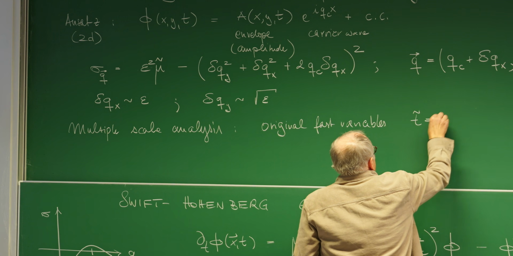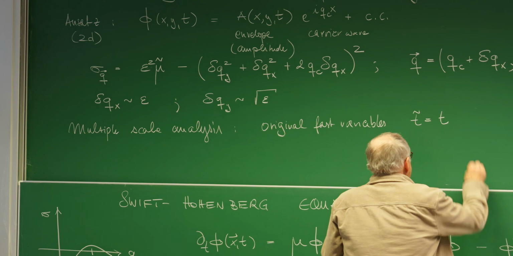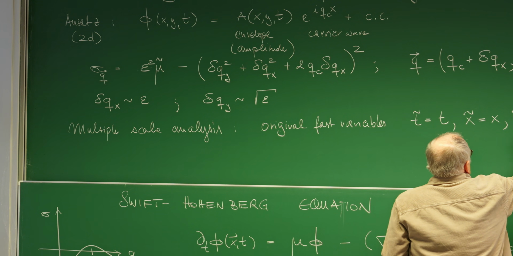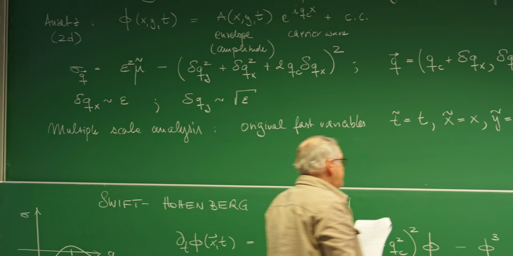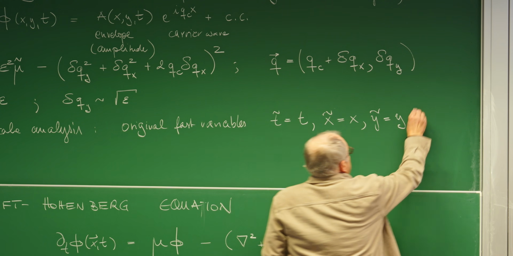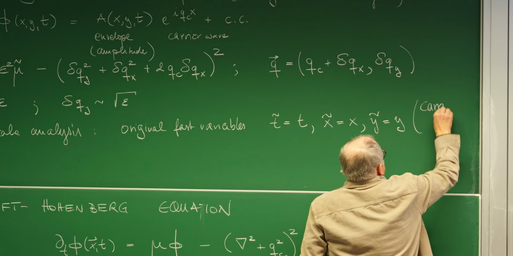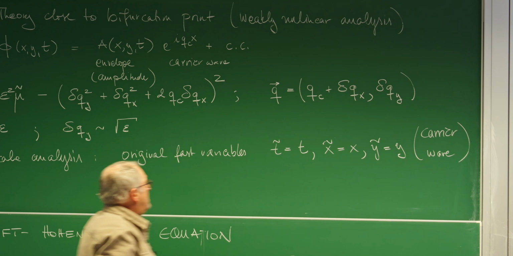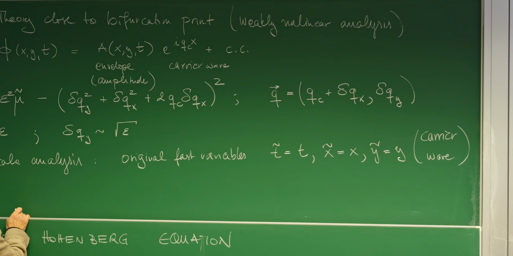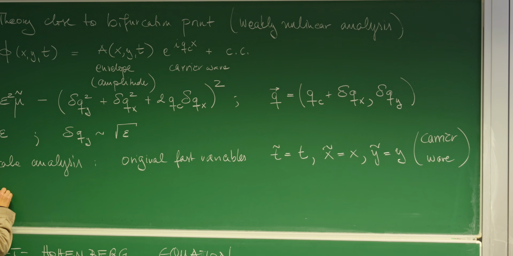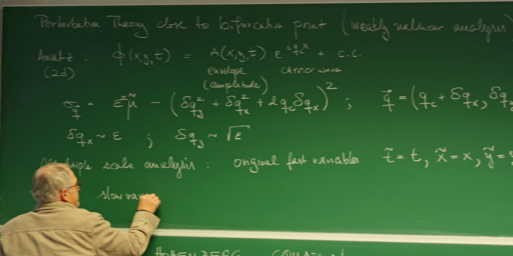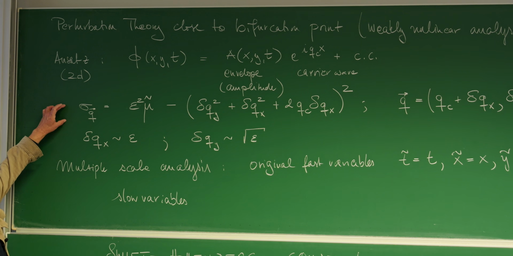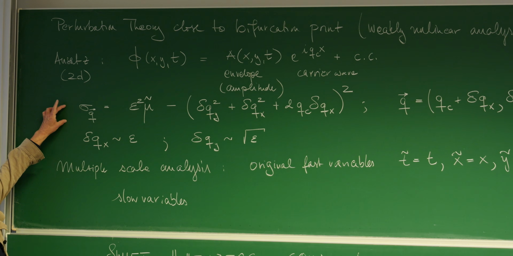for the carrier wave. I call t twiddled equal t, and the same for x and y. They are for the carrier wave. And for the envelope, I want slow variables that are constructed such that I'm reflecting the features of the dispersion relation.